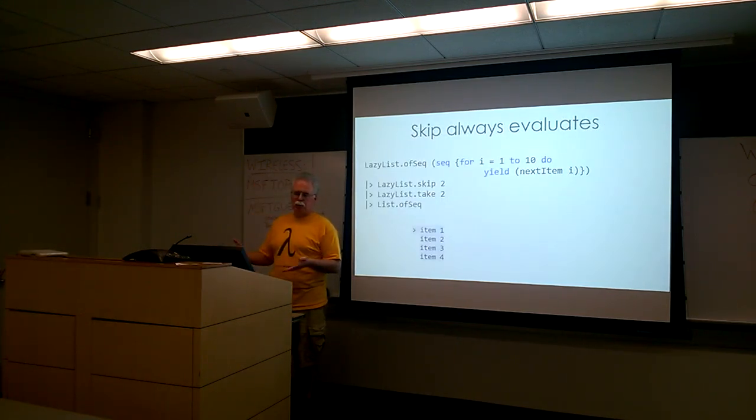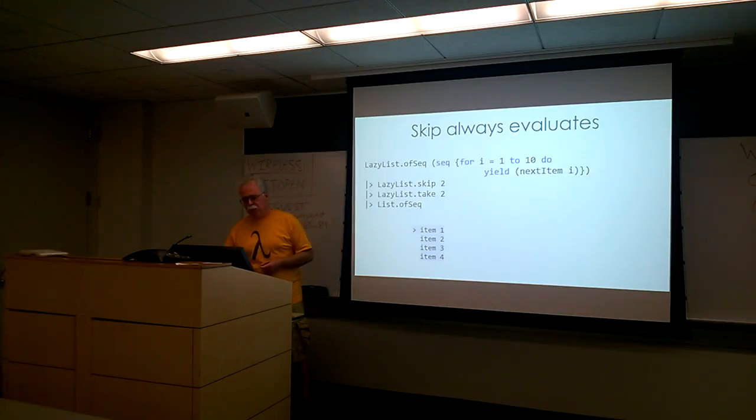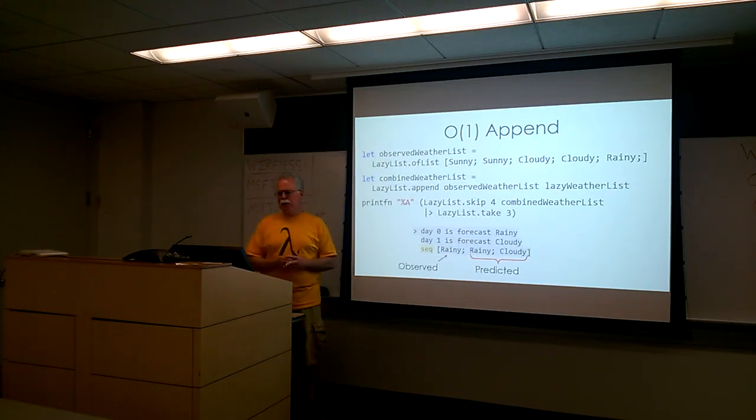And the same rule applies to lazy list as applies to unfolding sequences. There's no shortcuts. It's always going to force you to evaluate everything up to the point where you're really interested in the data.